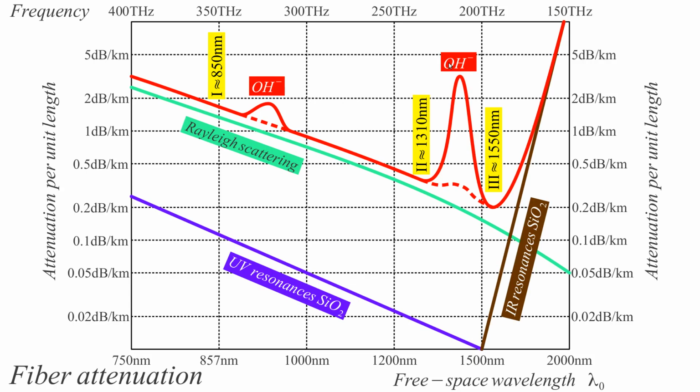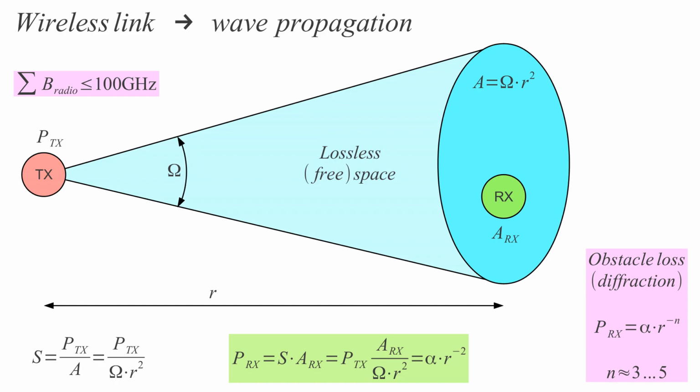So if we do not want to rely on guiding, if we want to overcome free space, where we have no material to guide our waves, then we have to deal with wave propagation, to make a wireless link, because the free space is not going to cooperate. Hopefully the free space is not going to attenuate our signal, but at least it's not cooperating in our link.